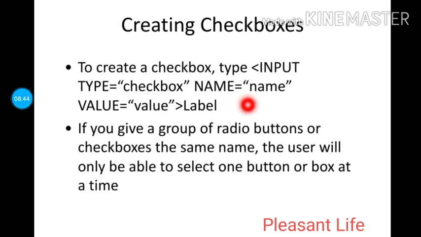If you give a group of radio buttons or checkboxes the same name, the user will only be able to select one button or box at a time. It's important.